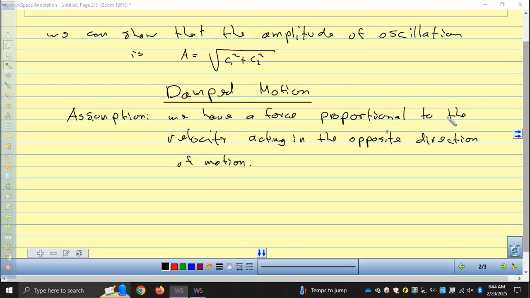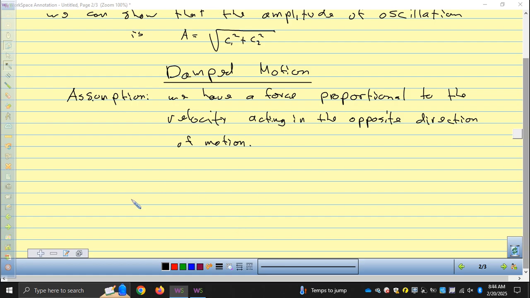Often, and this can be a very simplifying assumption, because friction forces could be proportional to some other quantity of the velocity. It's not unusual for the friction, like air friction, often to be proportional to the square of the velocity. So that makes the equation we're going to write next much more difficult.